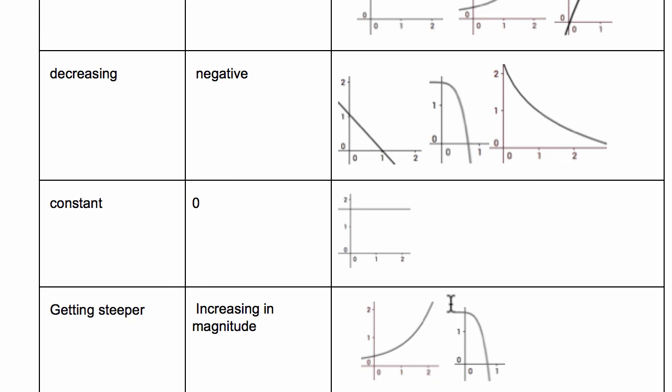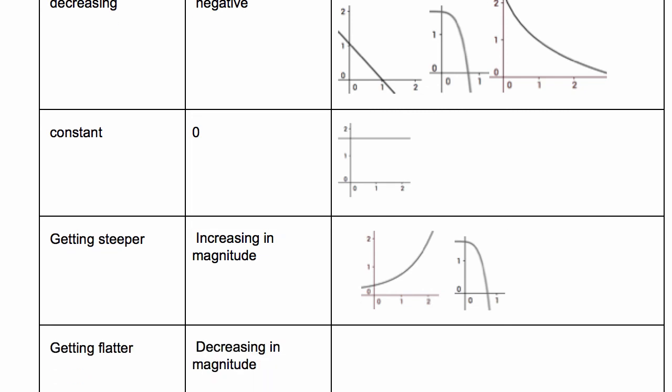Similarly, as I trace the second graph from left to right, the graph goes from being almost completely flat to being very, very steep. Notice this first graph is increasing while the second graph is decreasing. Yet, both growth rates are increasing in magnitude because both graphs are getting steeper.